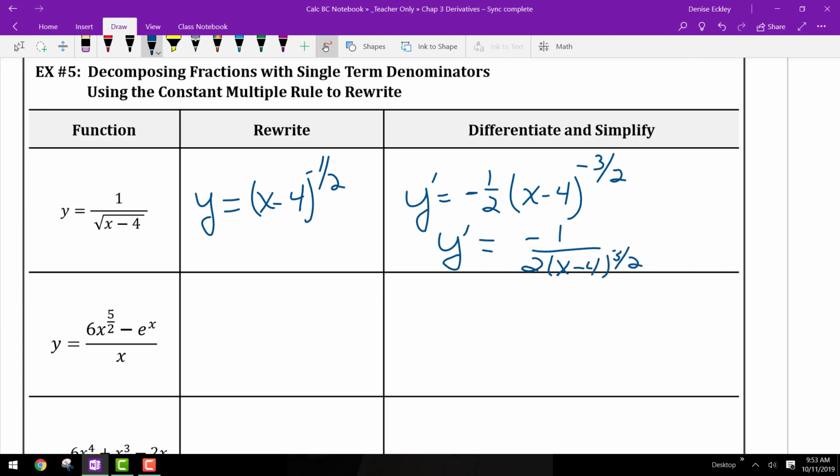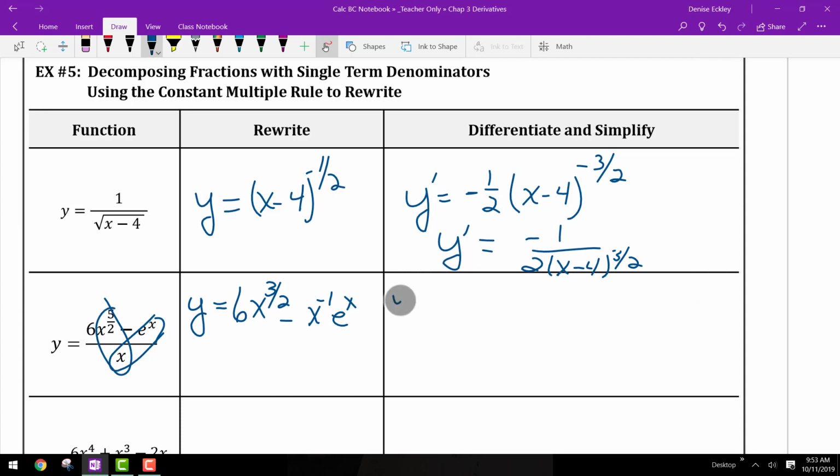Okay, so for the next one, I can separate this into 2 separate terms. When I do that, the first term has a common x that I can simplify, so I'm going to get 6x to the 3/2 minus x to the -1 e to the x. So I can use the product rule on the second part and just the power rule on the first part.